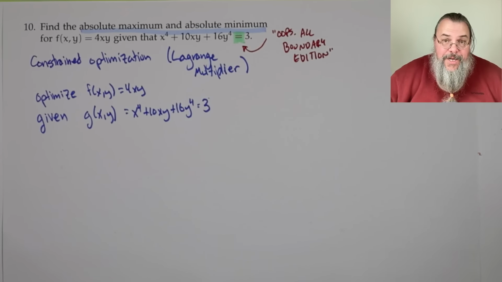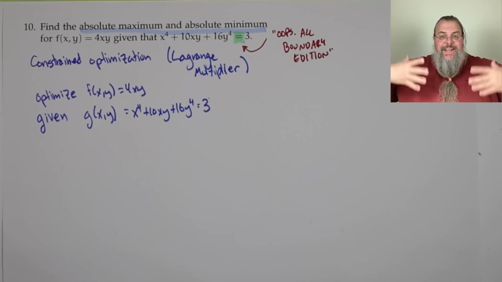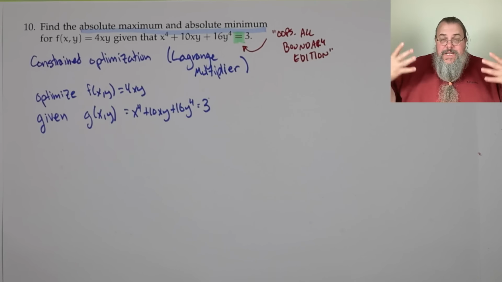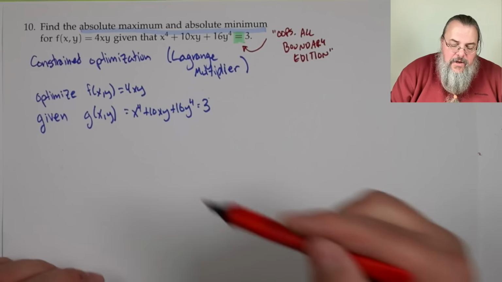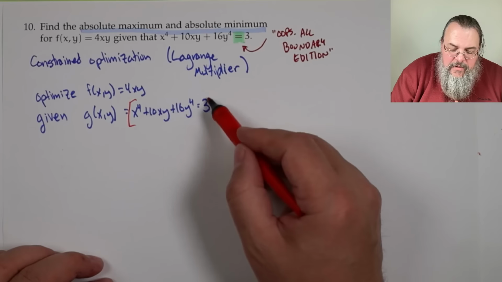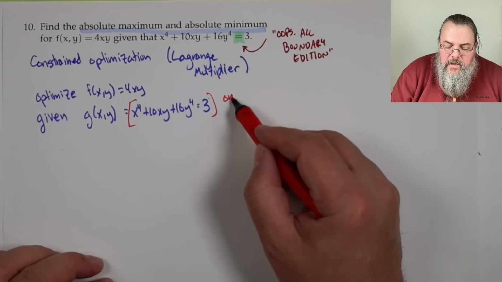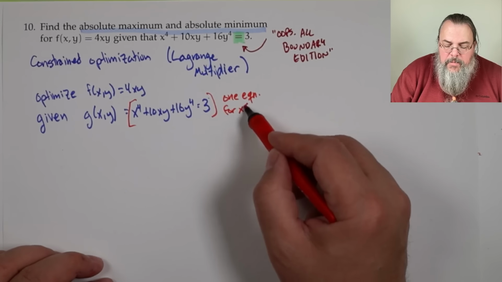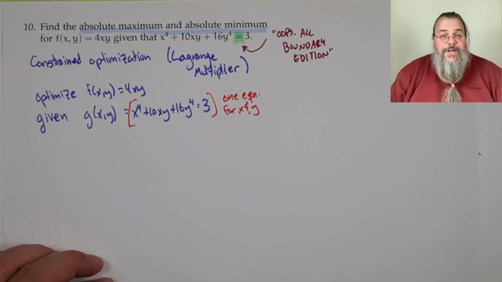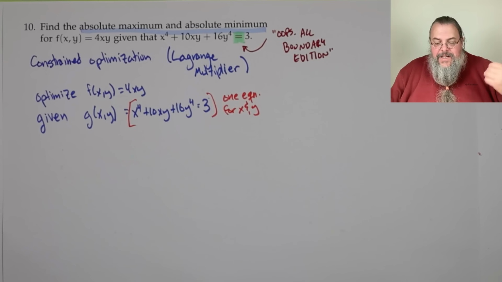What we want to build up to is we'd like to solve for x's and y's. So we need some equations for x's and y's. And here, this is one equation for x and y. But we need a second equation. So that's where the method of Lagrange multipliers comes from.